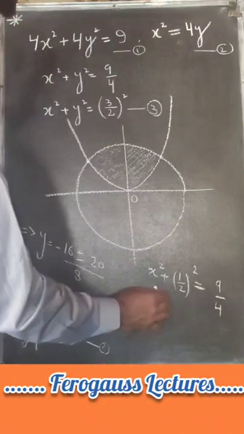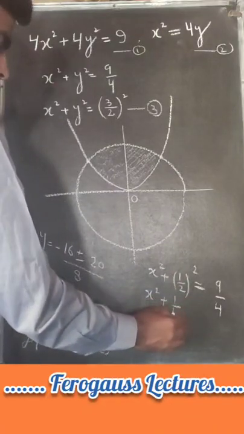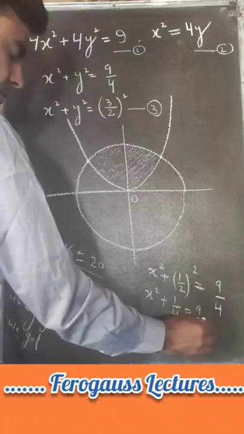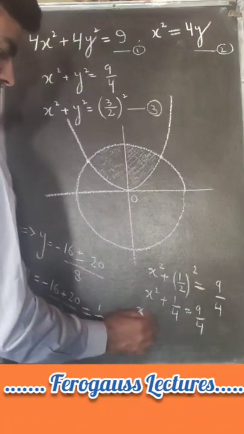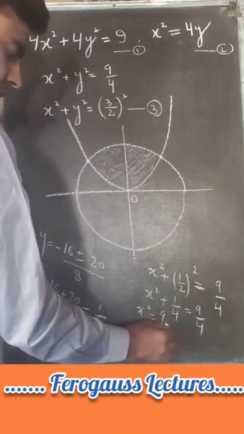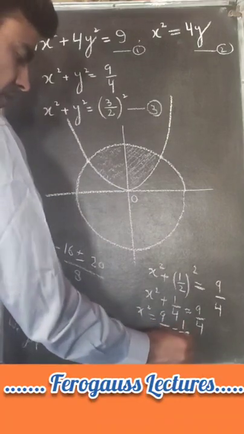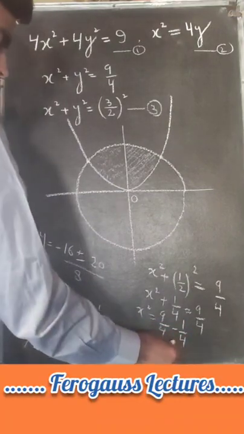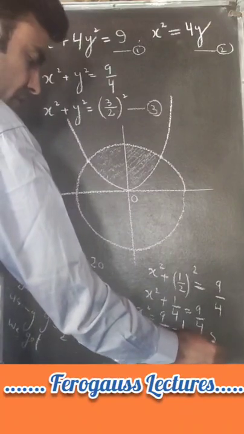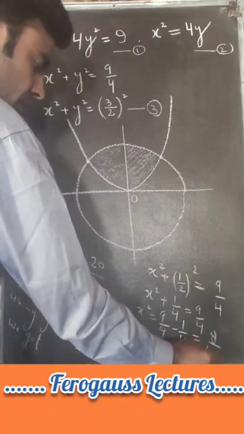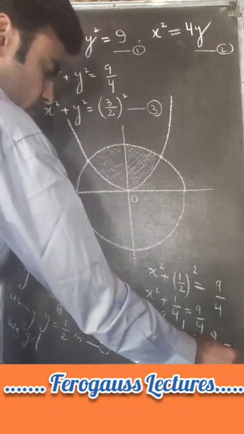So it's x square plus 1 by 4 equal to 9 by 4, or x square equal to 9 by 4 minus 1 by 4. So 9 by 4 minus 1 by 4 is equal to 8 by 4, and that is equal to 2.